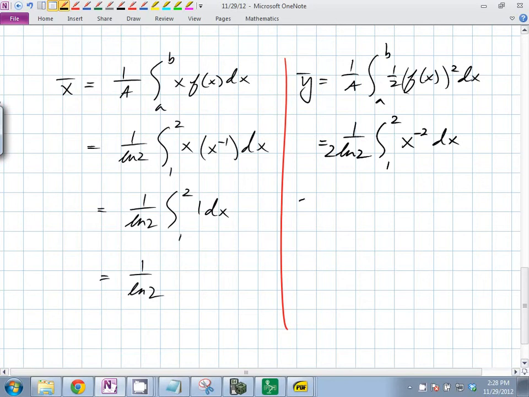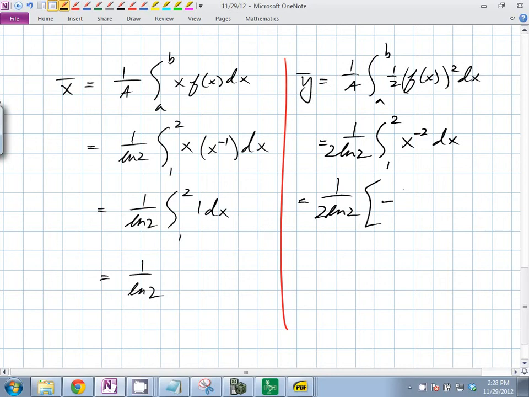So what do we have here? 2 ln2. What's the integral come out to be, Deanna? No, look at the board and just tell me. Come on. No, just what's the integral of x to the negative 2? Oh, that's what I said. Wow, we're really confusing Deanna here.